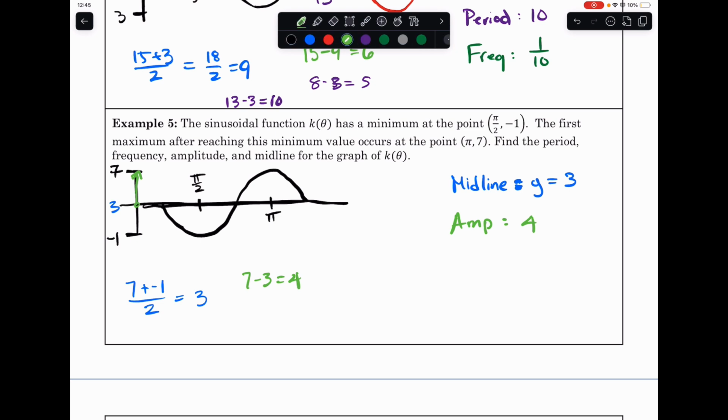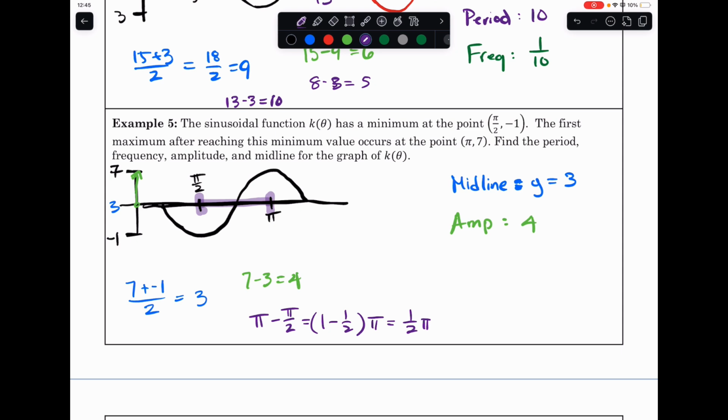Now, same thing as before. Let's figure out what the distance is from this point to that point right there. So the distance from here to there. Well, pi minus pi over 2 is the same thing as 1 minus 1/2 pi's, which is just 1/2 pi.